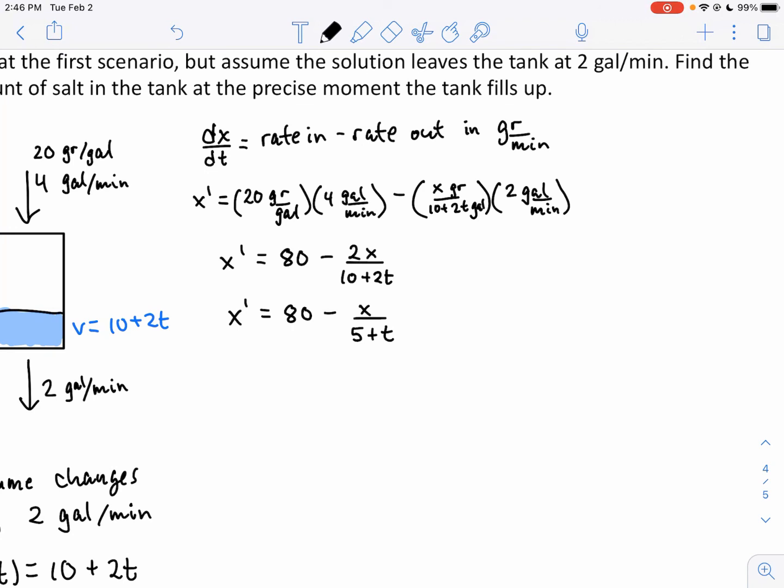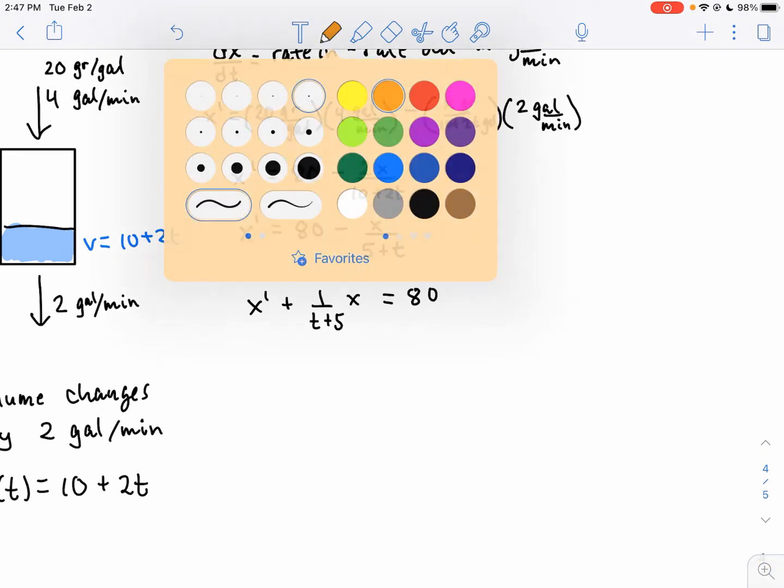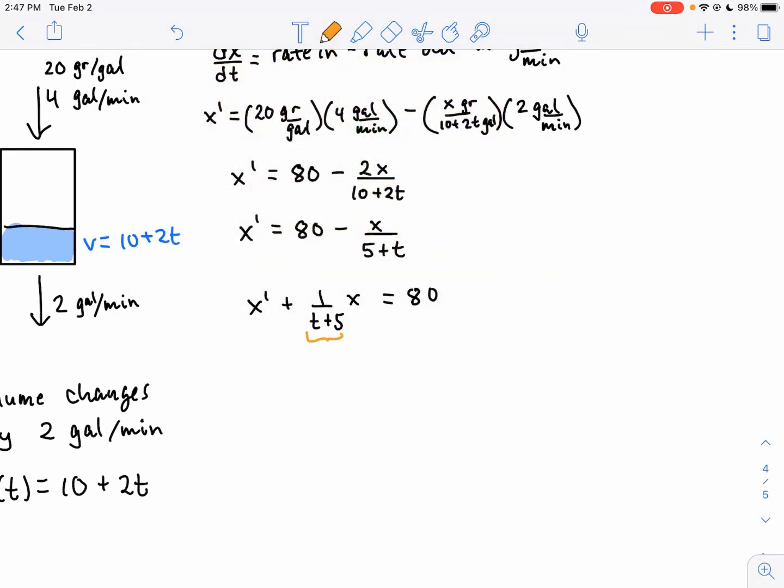Again, this is not a separable differential equation, but it is linear, so we'll use an integrating factor. We have x prime plus, I got to move this term over to the left side, so plus 1 over t plus 5, I'll write it that way, times x is equal to 80. This 1 over t plus 5 is our p of t, and our integrating factor will be e raised to the antiderivative of that.